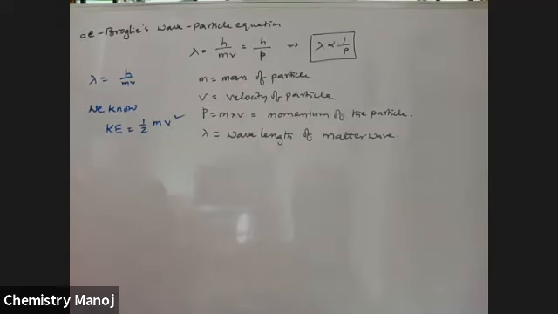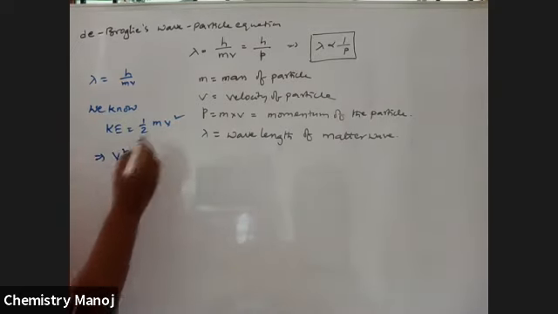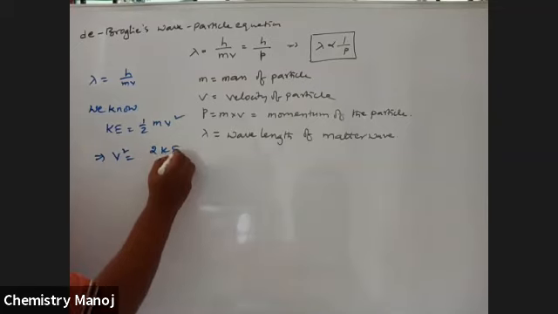From this, v square is equal to 2 KE by m.